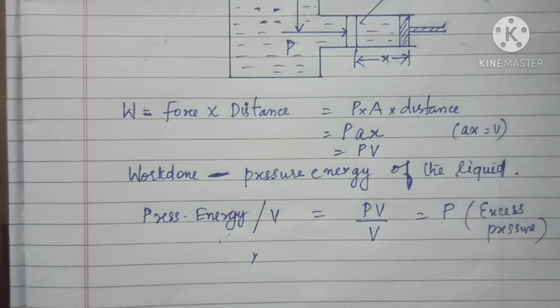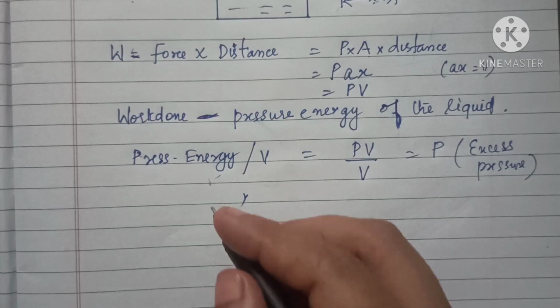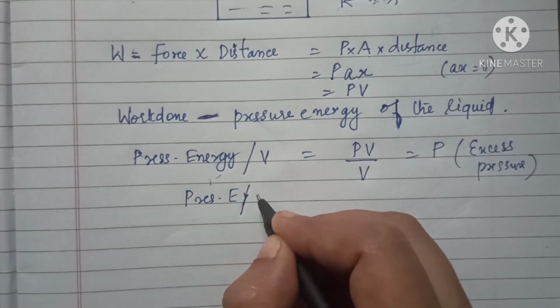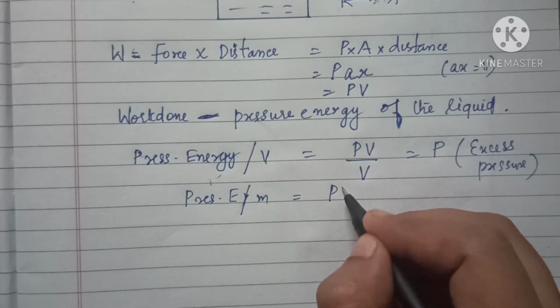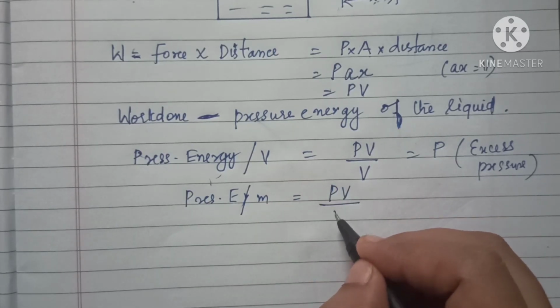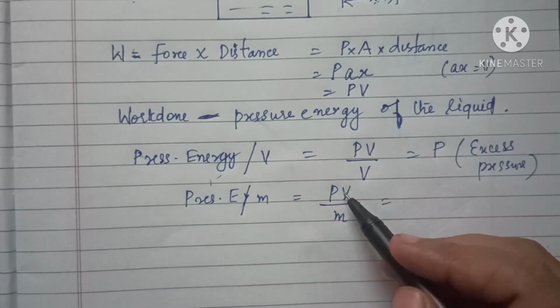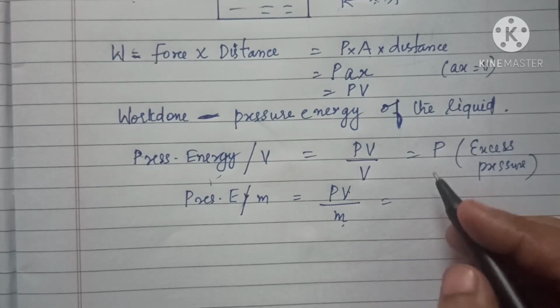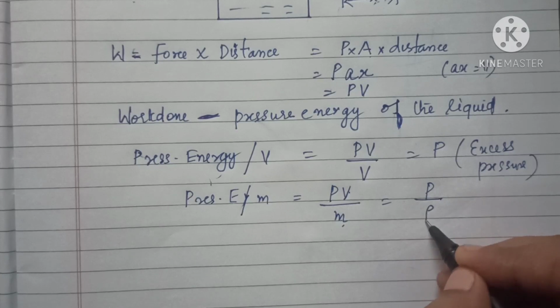Now pressure energy per unit mass, how will you find? Pressure energy per unit mass is PV divided by m. Here volume by mass, mass by volume is rho, density, so it is 1 by rho. That is P divided by rho.